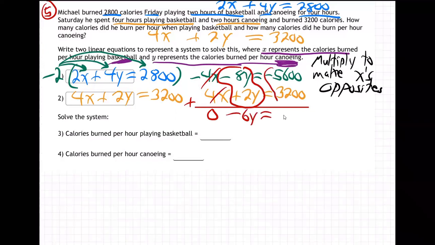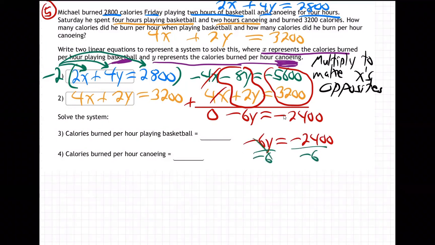And when these two add right here, it's going to be -2,400. Choose your calculator as you need to. So -6Y is -2,400. Divide by -6 on both sides. So y is 400. Two negatives make a positive.